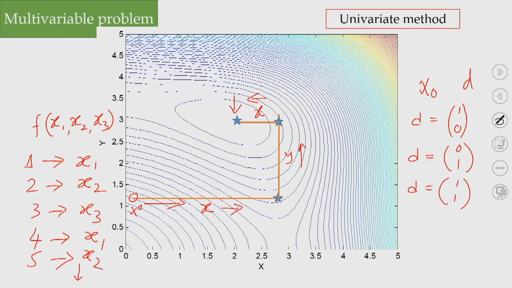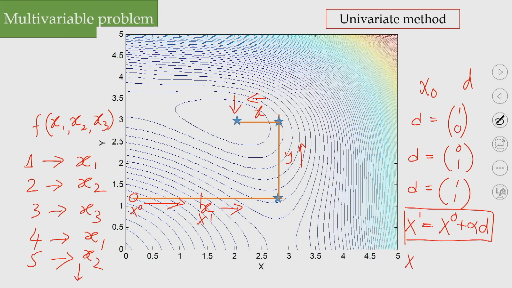Let me explain that. Suppose I would like to find a particular point here. Suppose this is my x naught and this is a particular point, which is your x 1. Now, what is x 1? I can write x 1 equal to x naught plus alpha d.